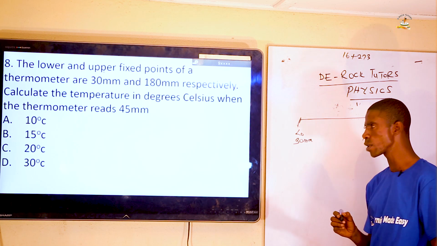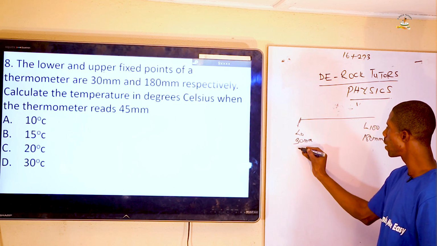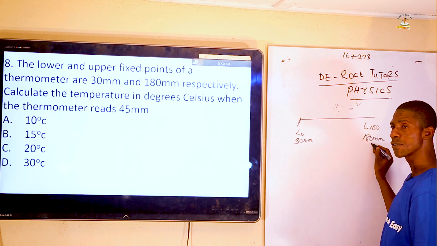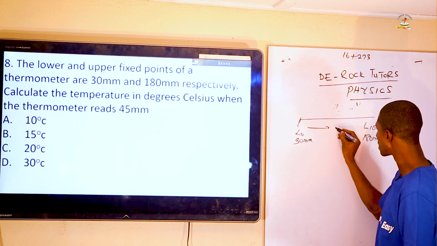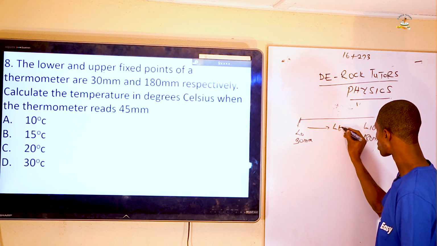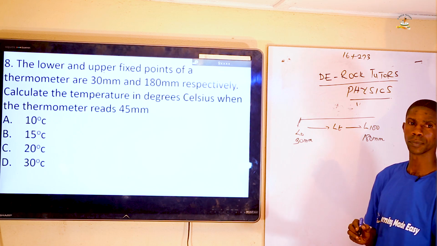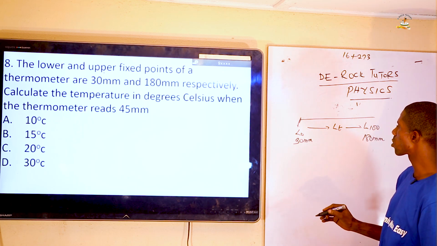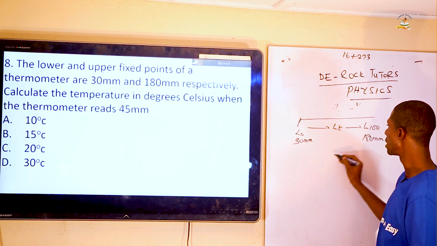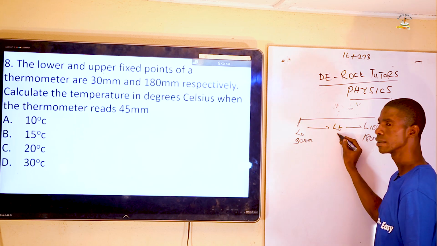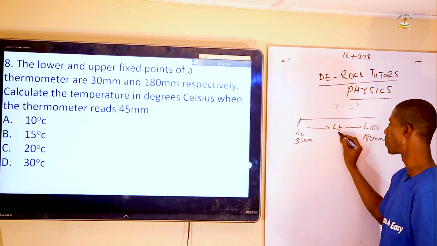So we have that one as 180 millimeter. And for us now, if you now mix that lower fixed point and the upper fixed point, then we are arriving at a particular temperature of LT. So now, what's the formula that connects the lower fixed point, the upper fixed point, and the resultant temperature?